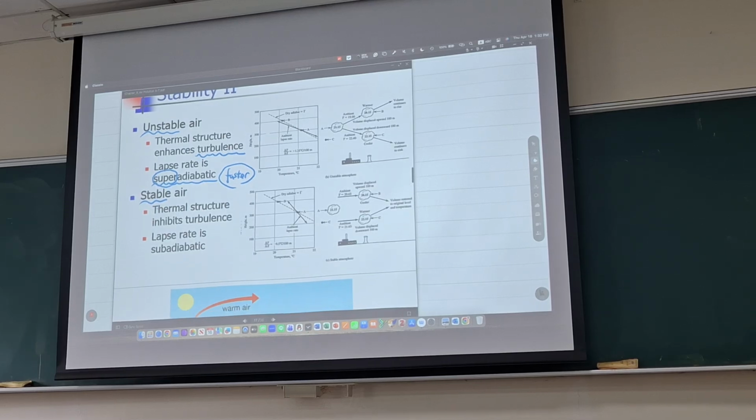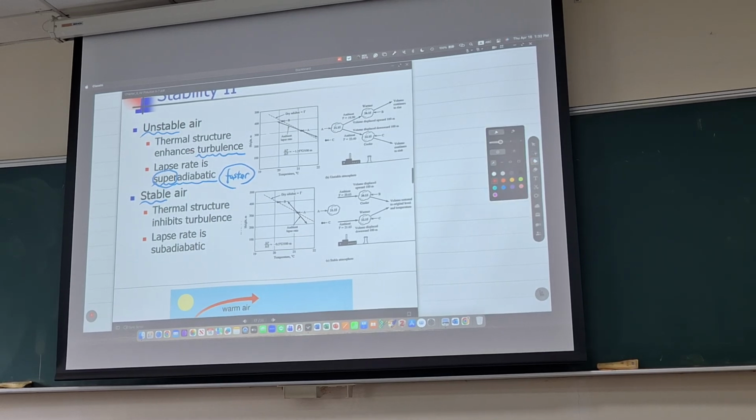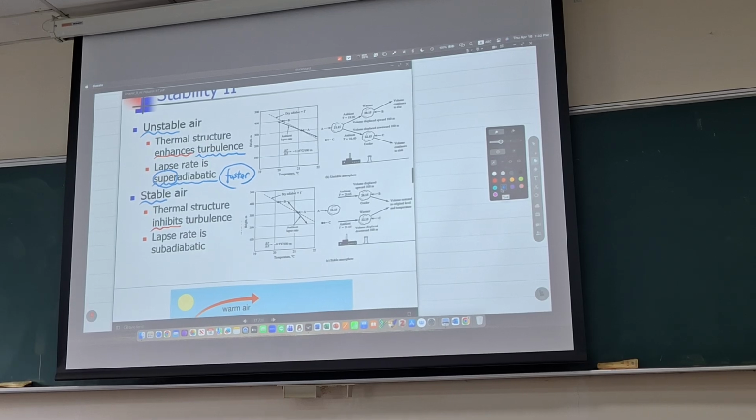In opposite to unstable air, in stable atmospheres, the thermal structure inhibits turbulence. So one enhances, the other inhibits.